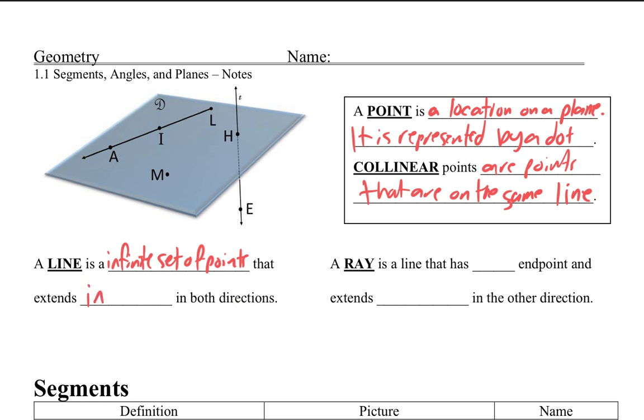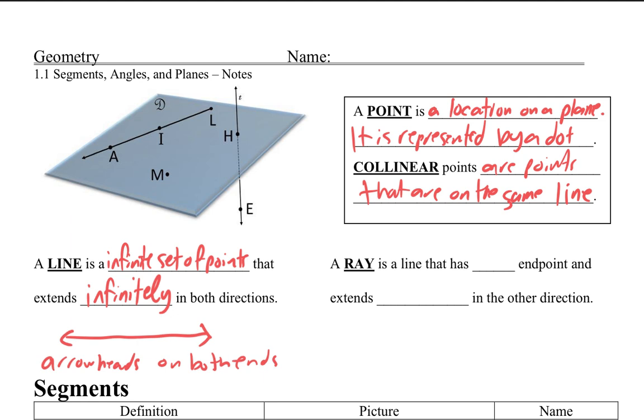Infinitely in both directions. Okay, so we can draw a line with something like this. It has arrowheads on both ends.